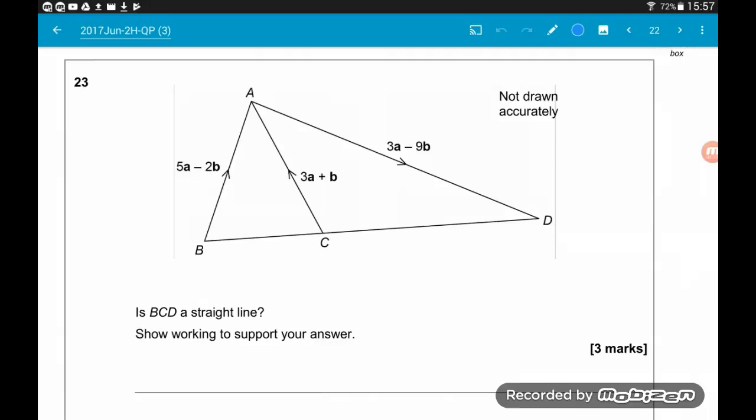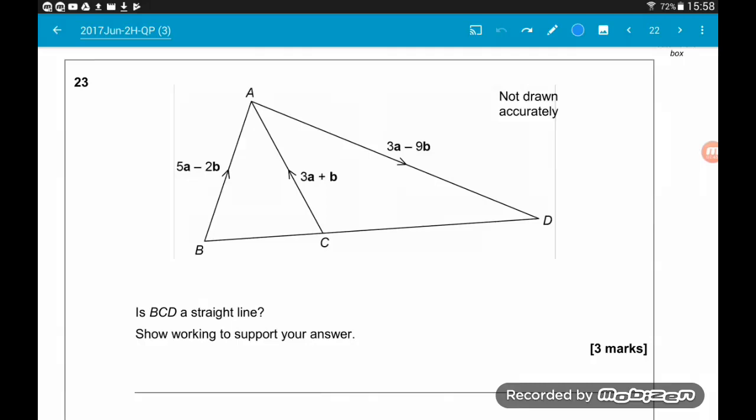So if BCD is a straight line, then that means the two sections of it, so BC and CD, are parallel. If they're not parallel, then it's going to be a line, something like that, or two lines joined together. If they are parallel though, then it's one continuous straight line.